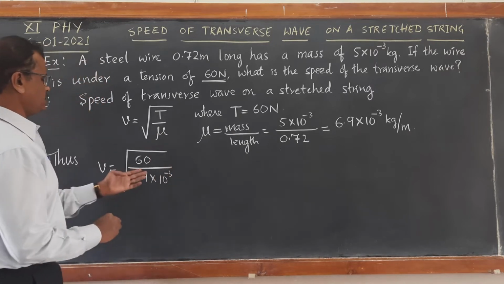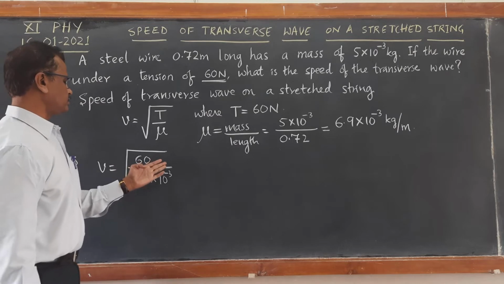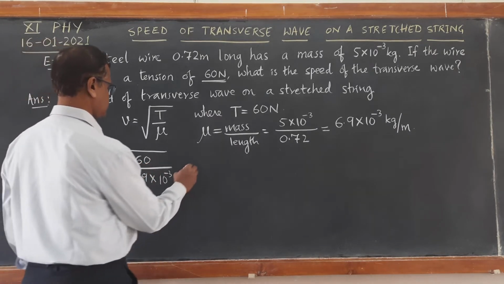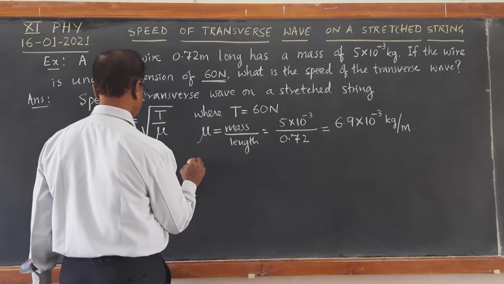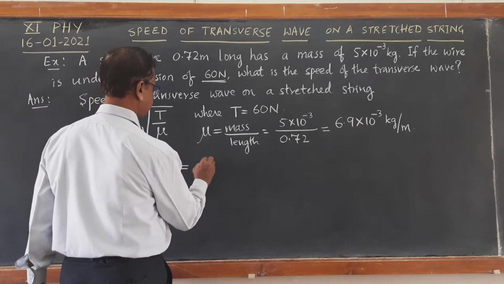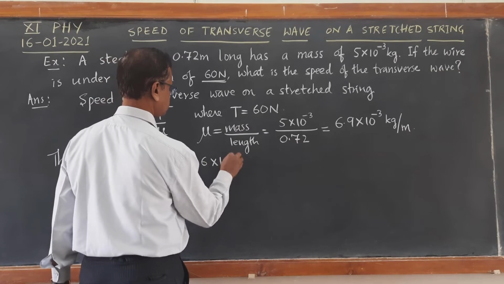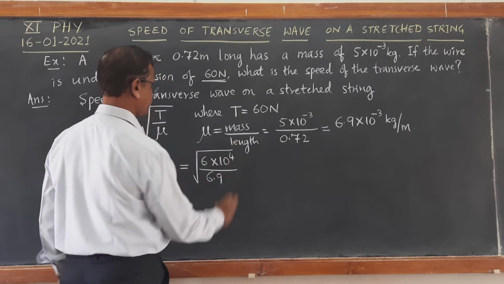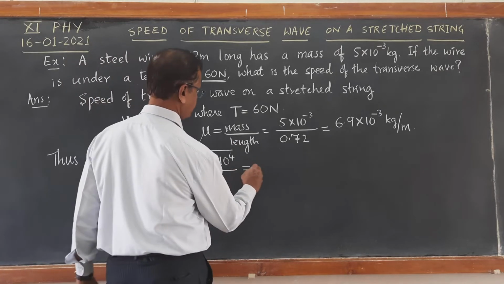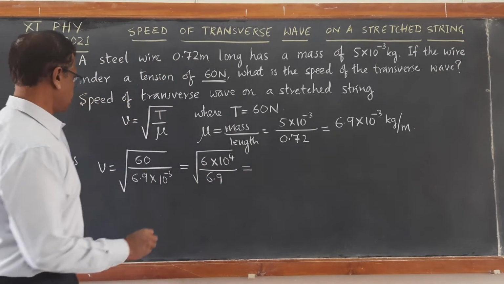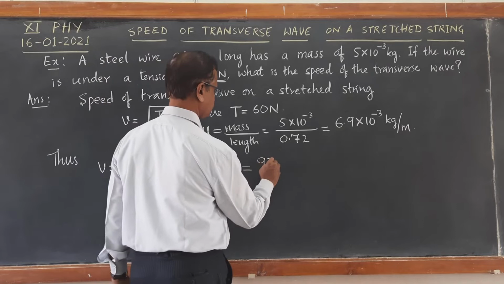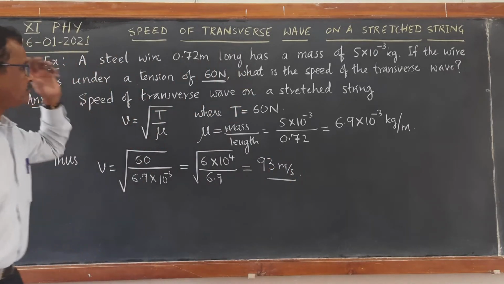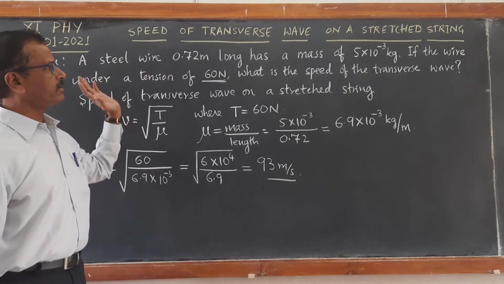So it comes out to be 60 into 10 raised to 3, that is 6 into 10 to the power of 4, divided by almost 7. 6.9, you can almost take it as 7. So if you simplify this, you will get 93 meter per second. This is the speed of the transverse wave traveling on a stretched string.